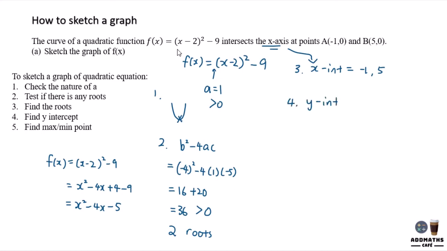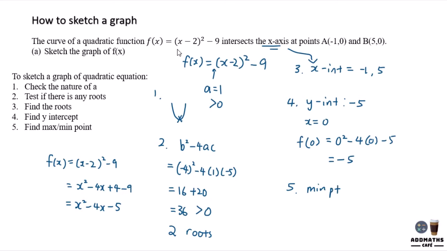To find the y-intercept, I need to make x equal to 0. So what I have here is f(0) equals 0 squared minus 4 times 0 minus 5, which gives me negative 5 as the result. So my y-intercept is negative 5. And 5, I need to find the minimum point.